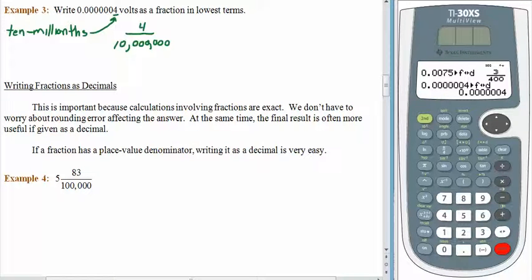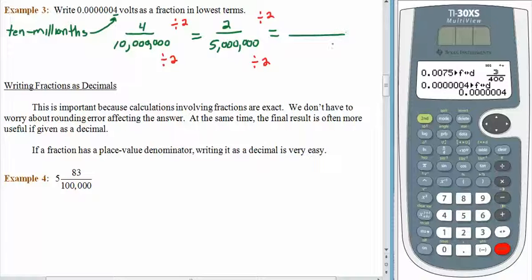All right, but this really isn't so bad. We already know that both of these numbers are divisible by 2. 4 divided by 2 is 2. 10 million divided by 2 is 5 million. And we see pretty quickly that we can do this again. So if we divide the numerator by 2 and the denominator by 2, maybe you saw right at the beginning that you could divide them both by 4.